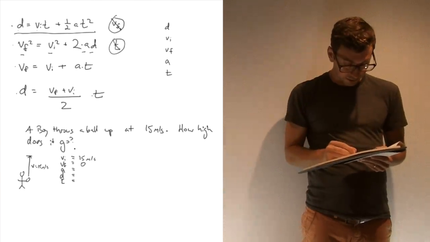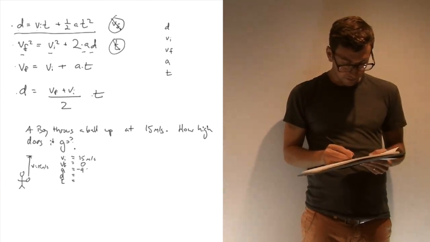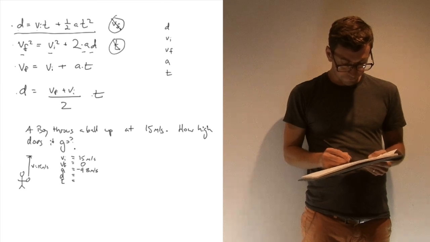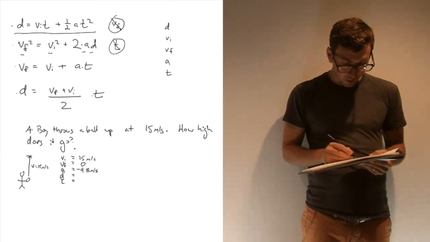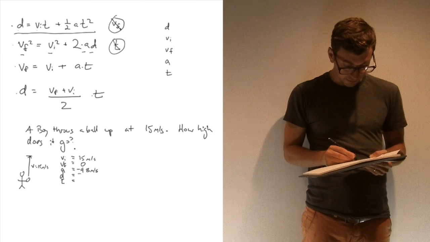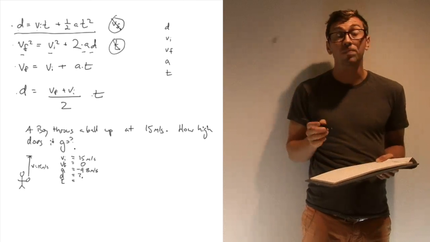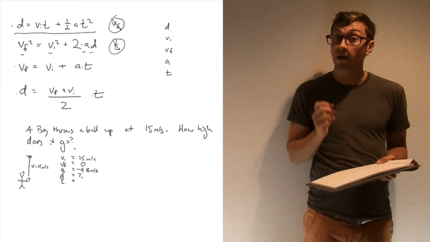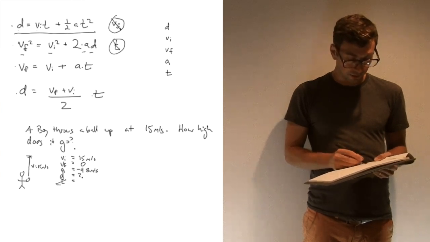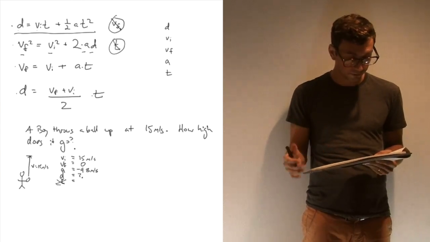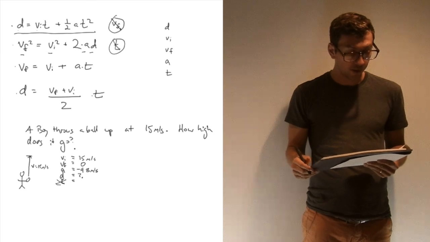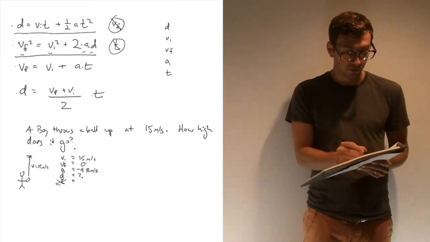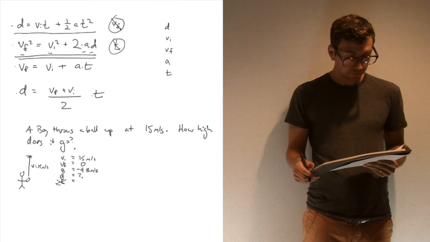And the acceleration is negative 9.8 meters per second squared. And we want to know distance. So we don't care about the time. That's the one that we don't need in this question. And so we actually need to use the second one in my list, this one here.